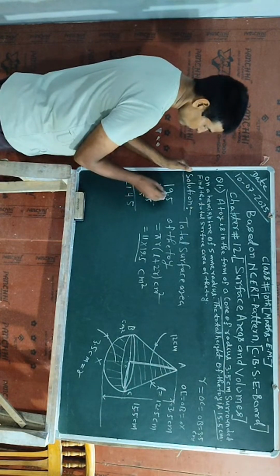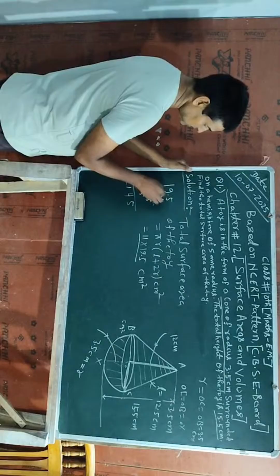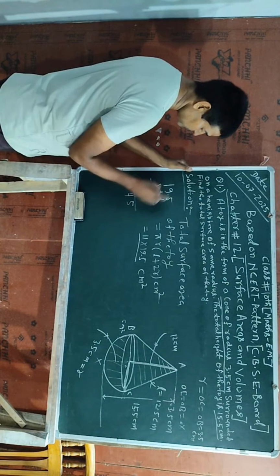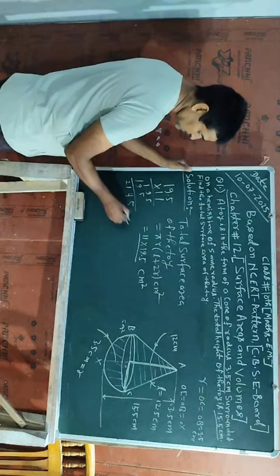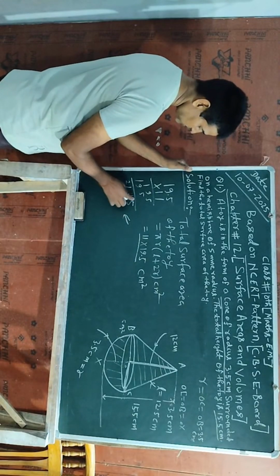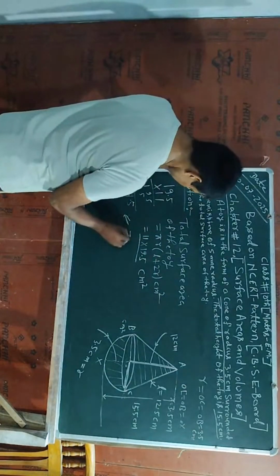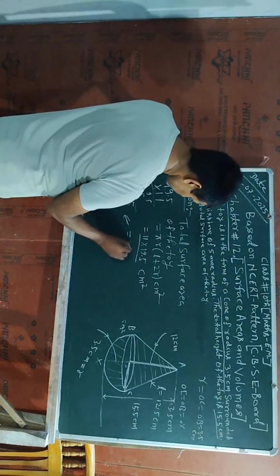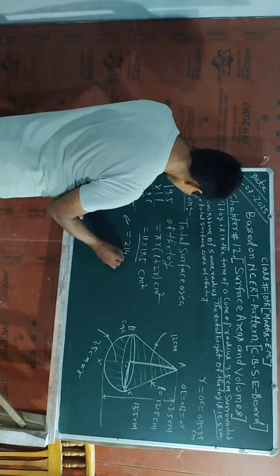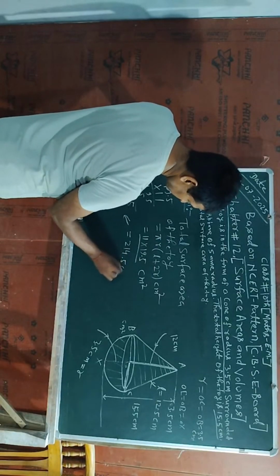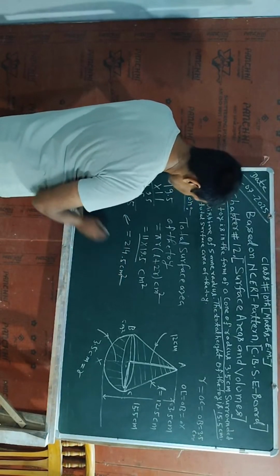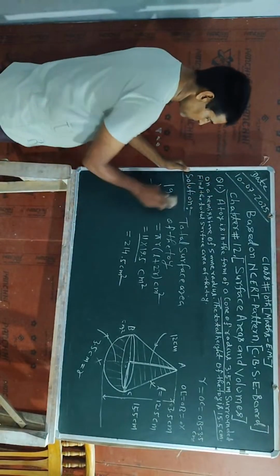Now here the value is after 1 digit, so from this side I will put the point at this point. So here I write 214.5 centimeter square. So this is the required answer of my question.